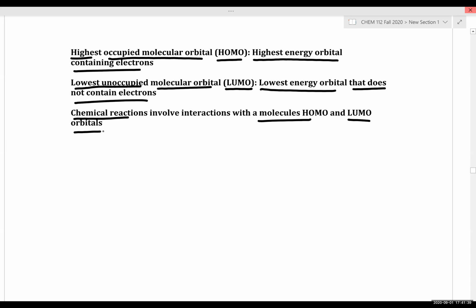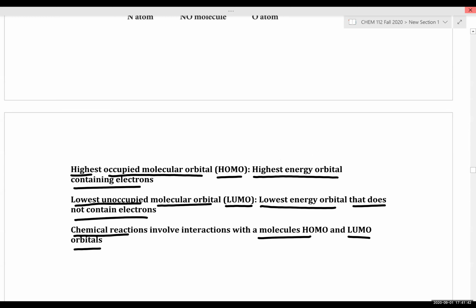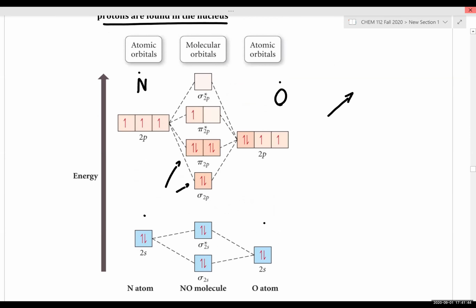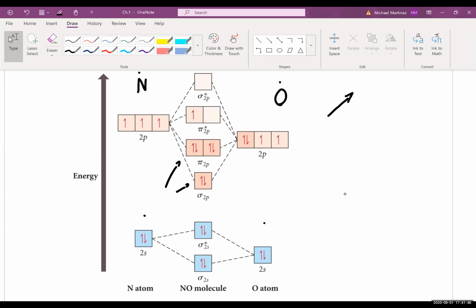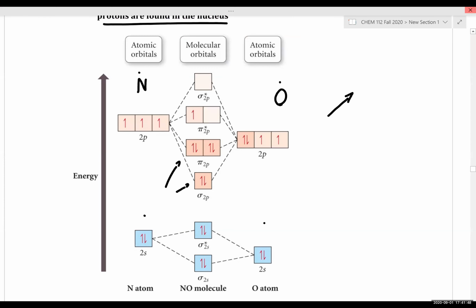Okay, so to tie this back, if we're looking at our picture. Is that how they attack the antibonding orbital you were explaining earlier?